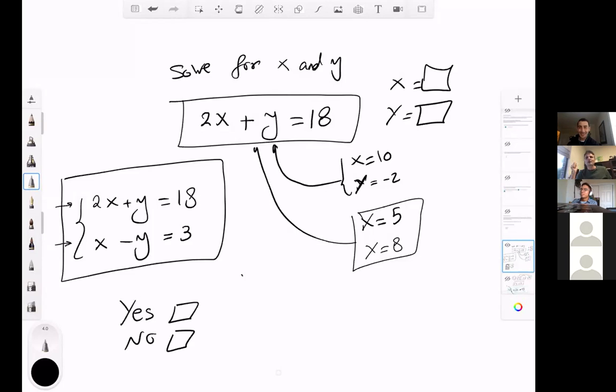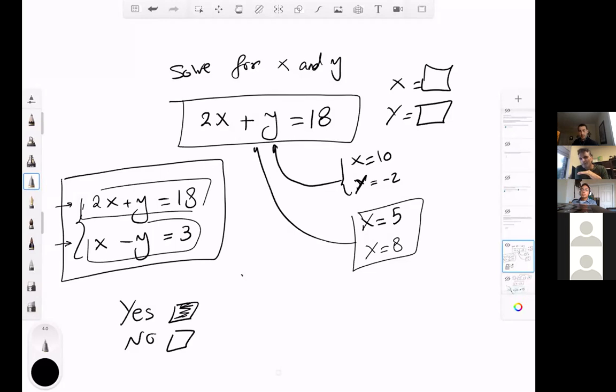Yes. So the answer is yes, we are able to solve, but how do we solve it? That's a different story. Because we have two equations and two unknowns, we are able to solve. There are three different methods to solve two equations, two unknowns.